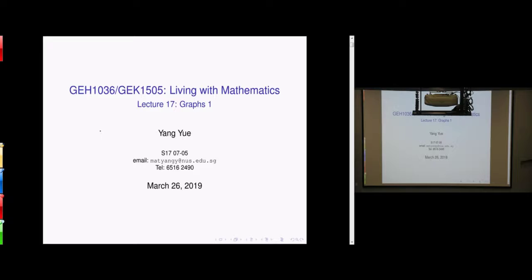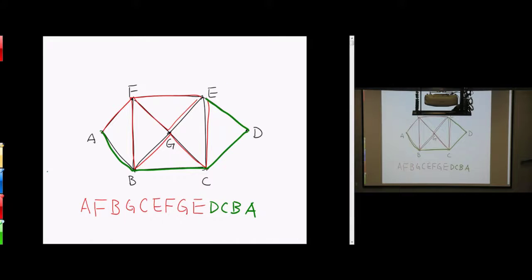Now, in general, things may not happen at the end. So maybe you can add a little bit here, so that you can finish this Euler circuit somewhere in the middle.